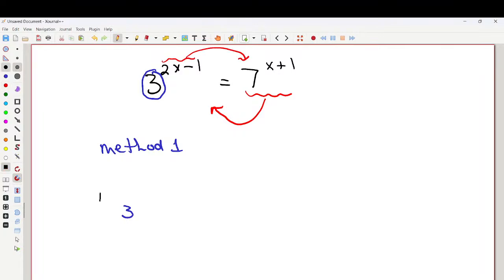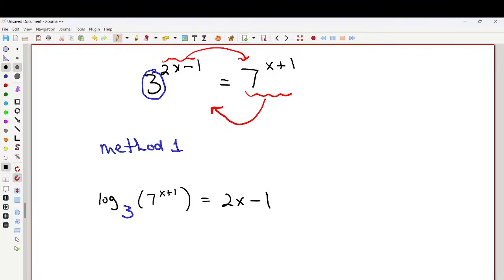So it'd look like the base 3 logarithm of 7 to the x plus 1 equals 2x minus 1. And while we can go from here, we really could, we can take down this exponent, and then we'd have the base 3 logarithm of 7. It's just not what's done, right?